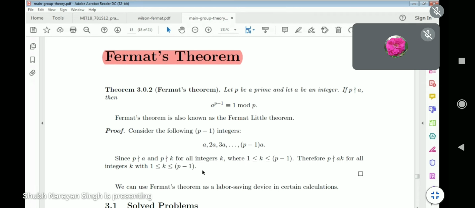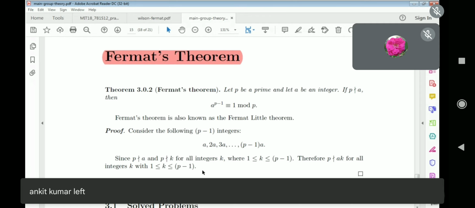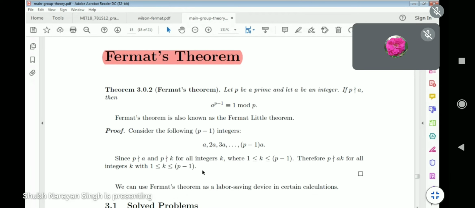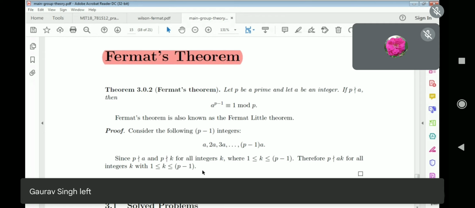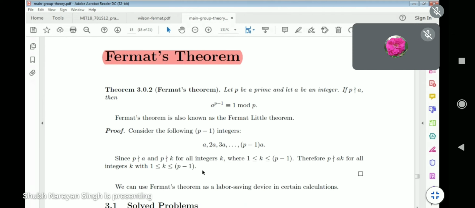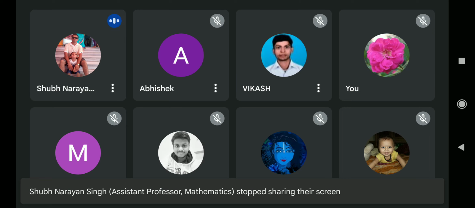So see the statement of Fermat's theorem. This is a very interesting result in number theory, and you can think of this theorem as a labor-saving device in certain calculations in number theory. So what is the meaning of this result? Suppose we have a prime number p, and also an integer a, such that p does not divide the integer a.